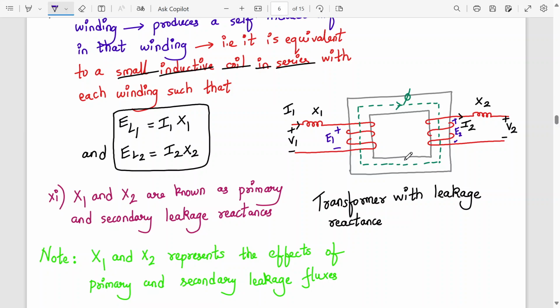So this will lead to a small inductive coil in series with each winding, and because of that, two more EMFs will be induced, EL1 and EL2, which are I1 X1 and I2 X2. I hope it is clear to you. So effectively X1 and X2 will represent the effects of the primary and the secondary leakage flux, which is phi L1 and phi L2.